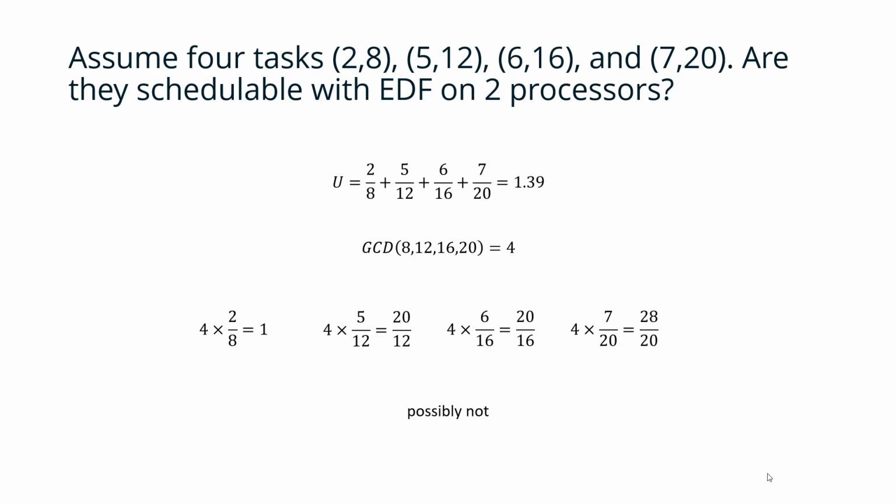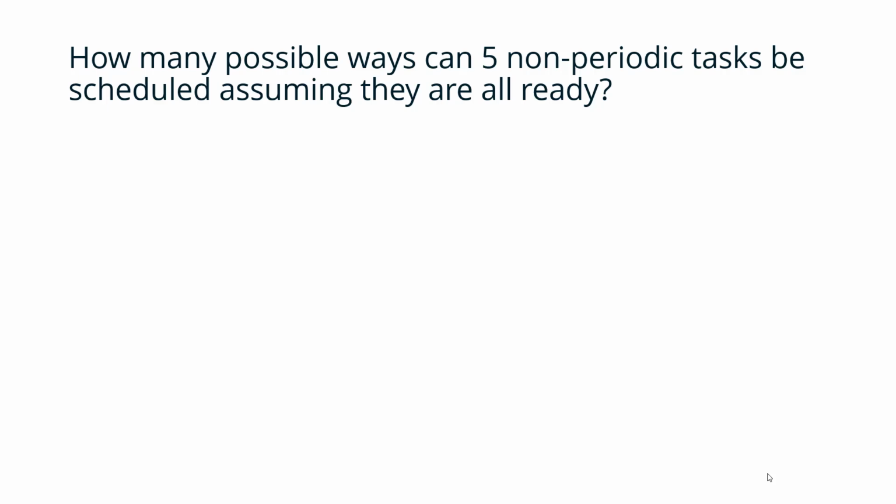Then you have to find the greatest common divisor of the periods, and then you multiply the ratio of execution time to period against the greatest common divisor, and you're looking for any of the products that are not integers. If you have any that are not integers, then it means there's a chance you can't schedule it, right?